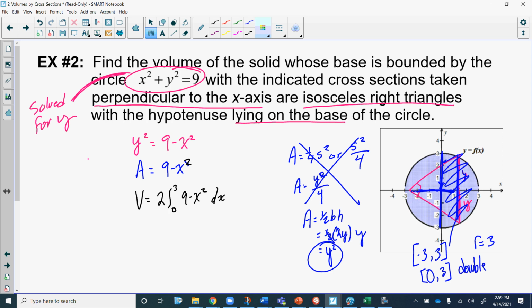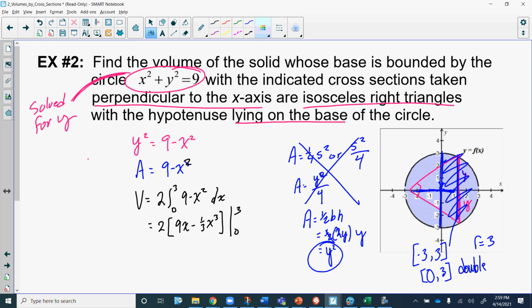So let's go ahead and start integrating here. My volume, we're going to say 2 times the antiderivative of 9, which is just 9x, and then minus 1/3 x cubed, and we're evaluating it from 0 to 3.